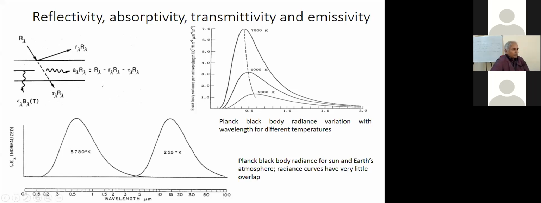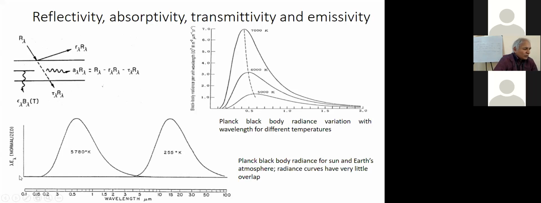Now for the average surface temperature of the sun, which is 5780 Kelvin, you can see that the Planck blackbody radiance corresponds closely to 6000 Kelvin. The maximum intensity of the Planck's radiance for 6000 Kelvin is around 0.5 micrometer. The x-axis is wavelength in micrometers, and we all know 0.4 to 0.7 micrometer is the visible part of the electromagnetic spectrum.